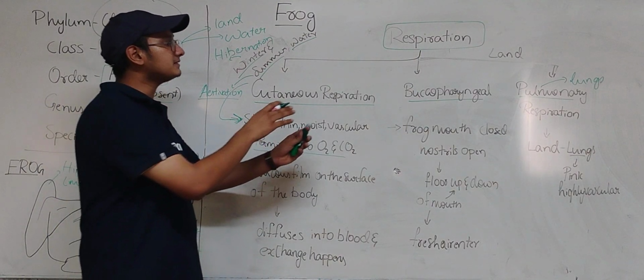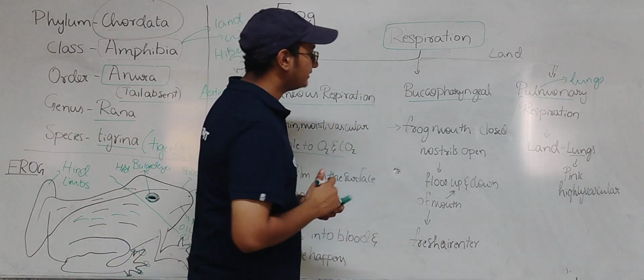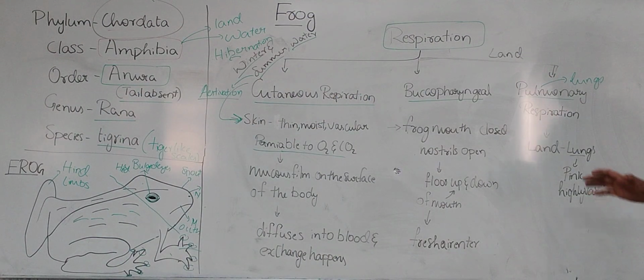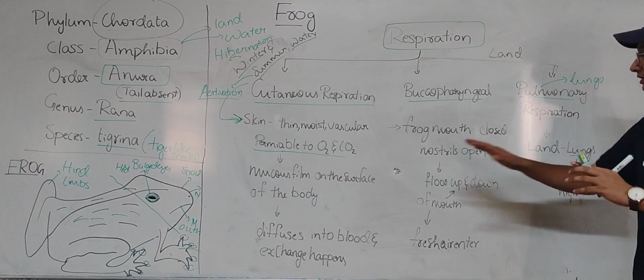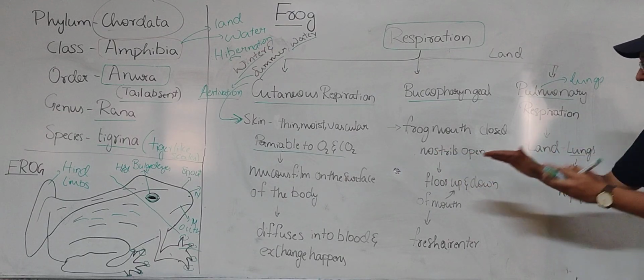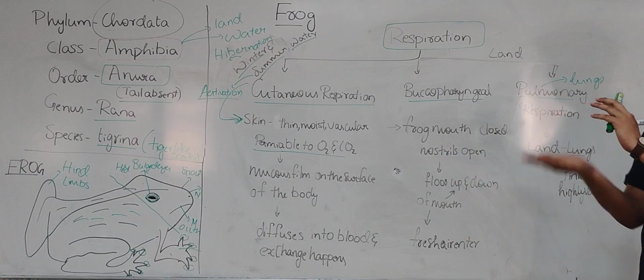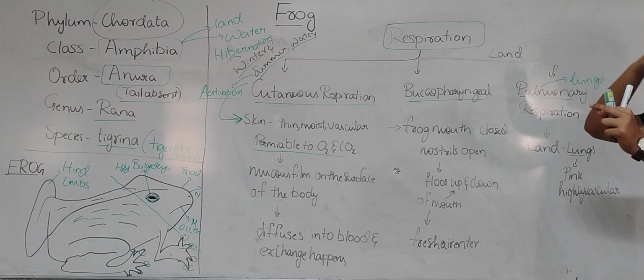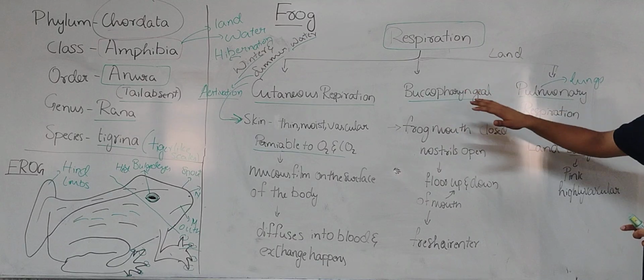And now what happens in the bucopharyngeal cavity is, the frog mouth is closed and the nostrils are open. And the floor of the mouth moves up and down. The air from the outside enters into the nostrils and it comes into the bucopharyngeal cavity.